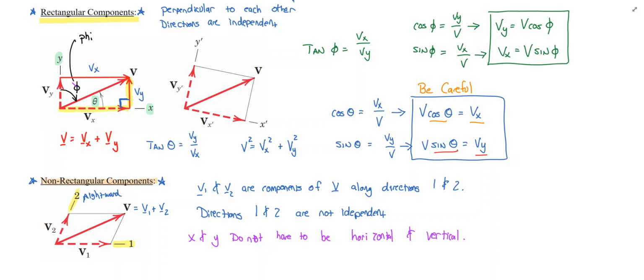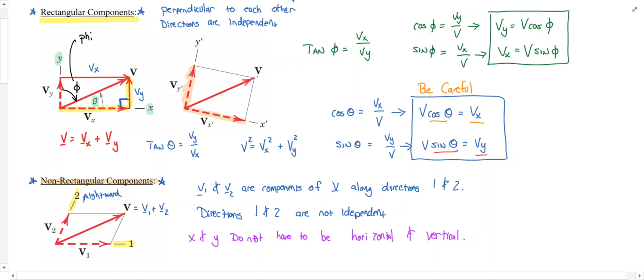So for instance, you could have an x prime axis and a y prime axis. These are still rectangular. They're still perpendicular to one another. These directions are still independent. And so now, though, you have different components. You have Vx prime and Vy prime. These two components still add together by the parallelogram rule of addition to give this same vector V, but they are different components than Vx and Vy.